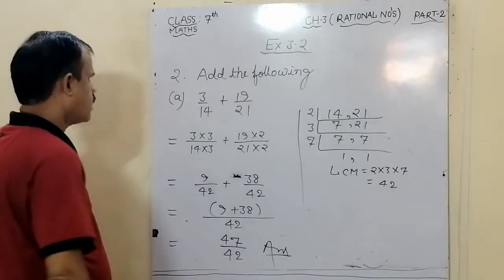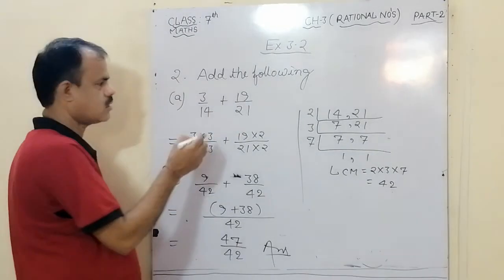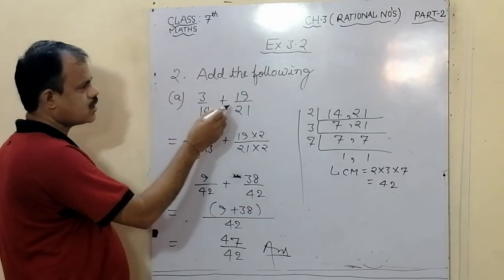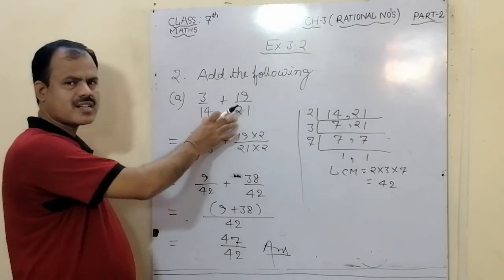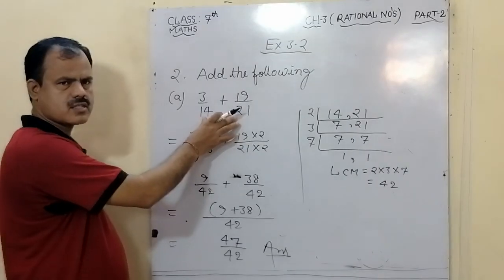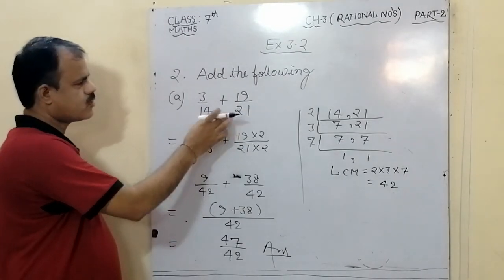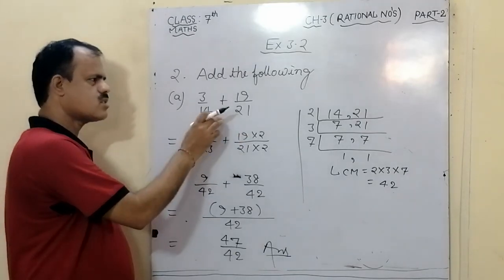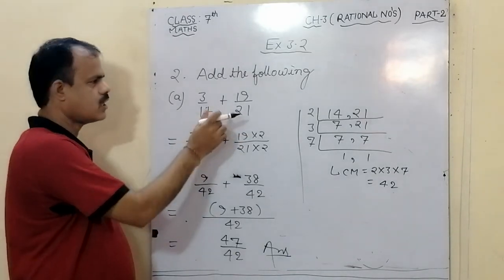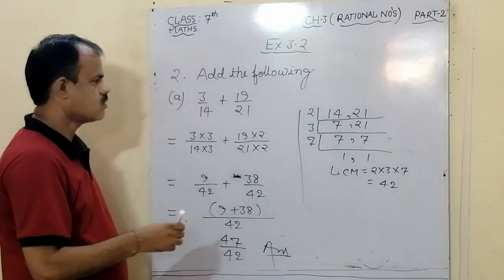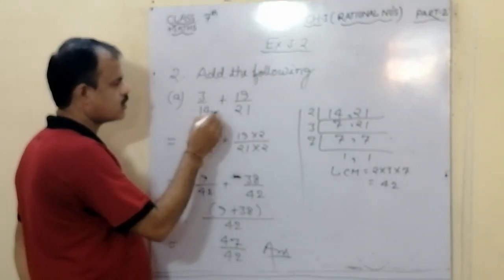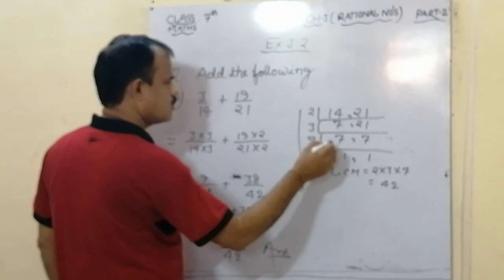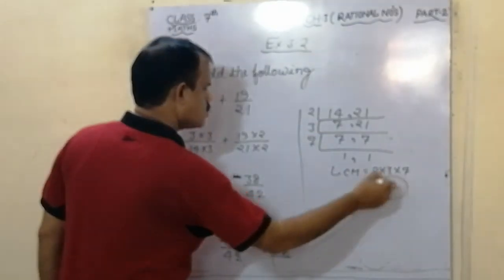Yes student, addition of unlike fractions. See here, 3 by 14 plus 19 by 22. Since the denominators are different, both fractions are unlike fractions. So first we change these into like fractions. So we take the LCM of the denominators 14 and 21, so it becomes 42.